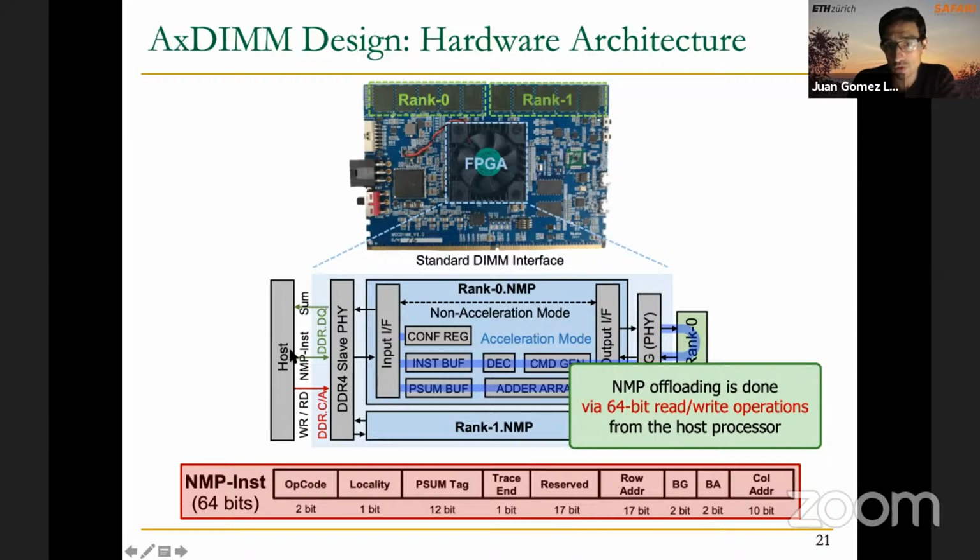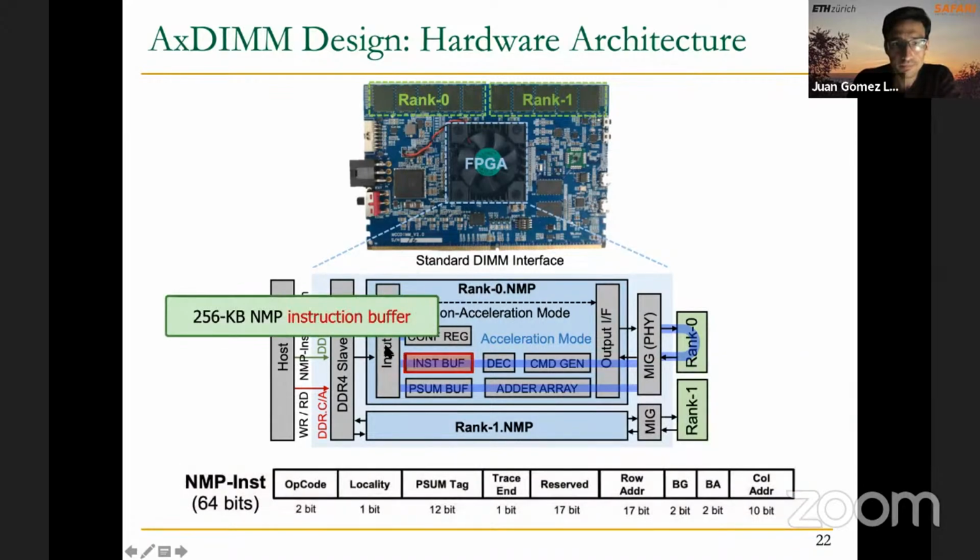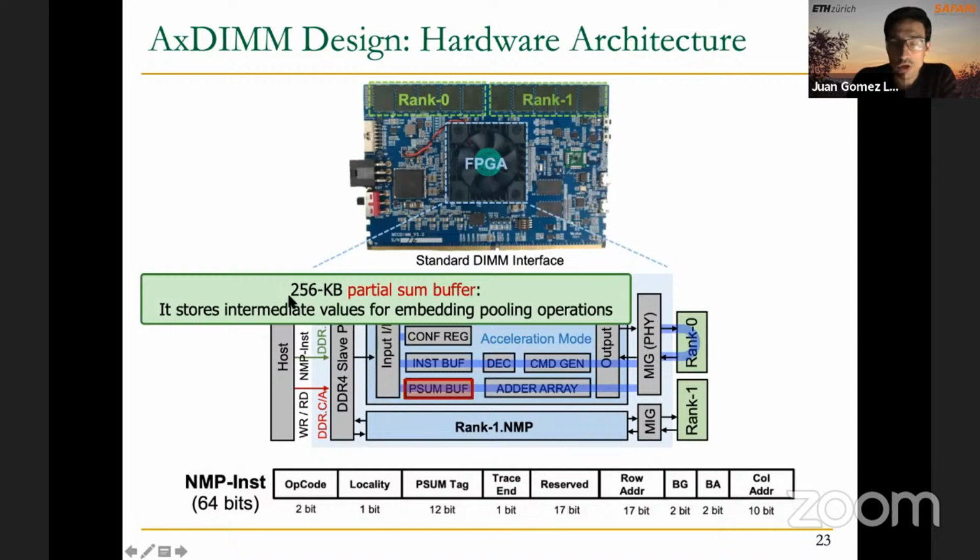As you will see, the host processor first writes all these instructions that correspond to the program that is also uploaded to the processing memory side onto this instruction buffer. And this instruction buffer in the current implementation has a size of 256 kilobytes. So you can see it's actually quite a large instruction buffer. And we also have a partial sum buffer of the same size.